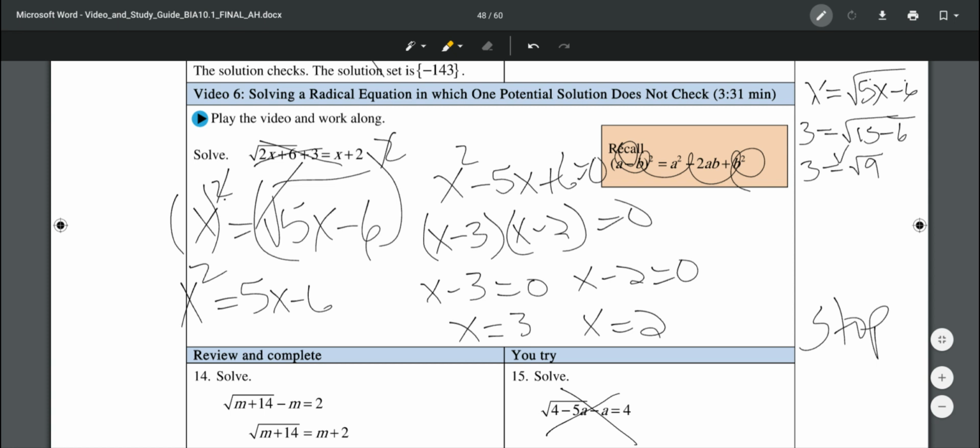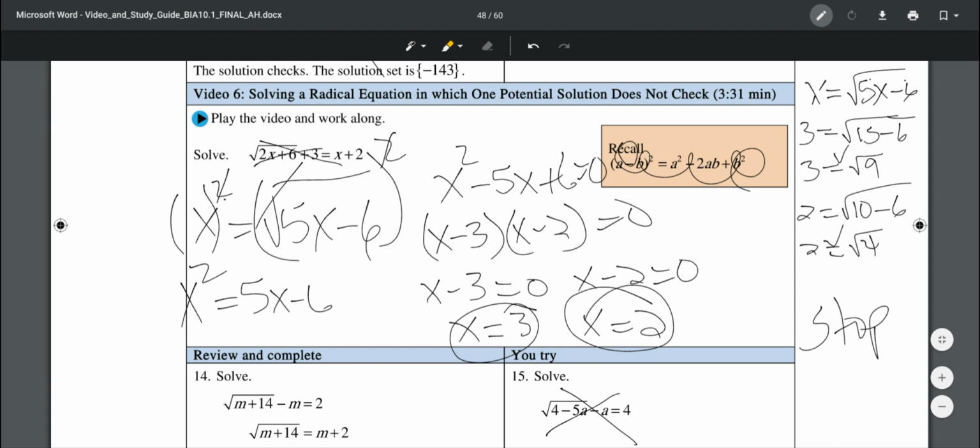I'm going to plug 2 in and see if I can get it to balance so I can keep the answer x equals 3. So 2 equals the square root of 5 times 2, which is 10, minus 6. 2 equals the square root of 4. That is correct. So this time I get to keep both answers. I do not have a throwaway answer like I did in one of the other problems.